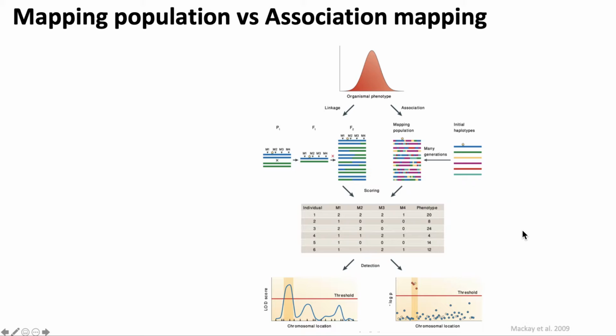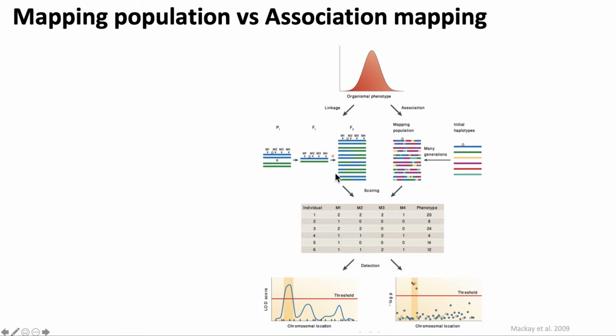And I want to compare both approaches here, QTL mapping and association mapping. If you remember in the previous video, we talked about the QTL analysis, when we have to combine two parents that have to be contrasting in the trait that we're interested in, and then we have to generate a population.